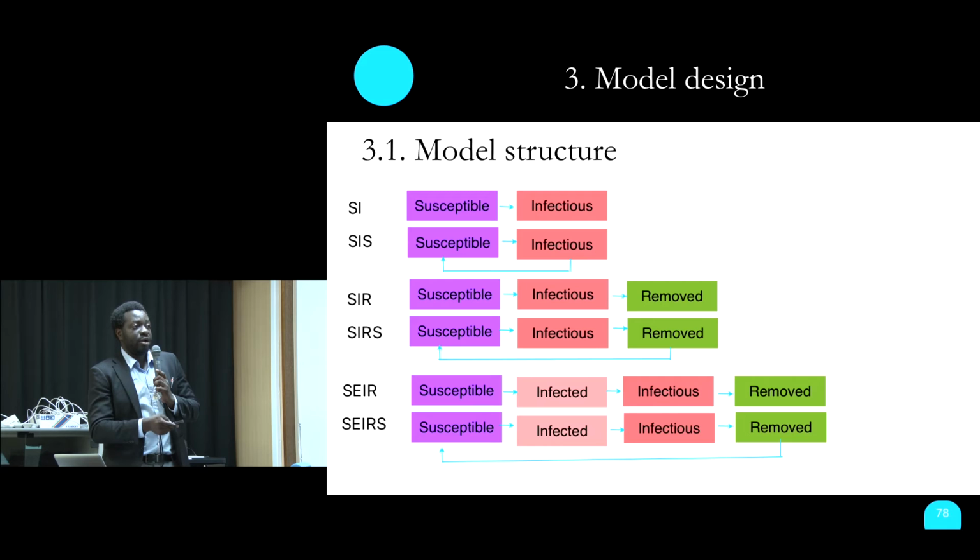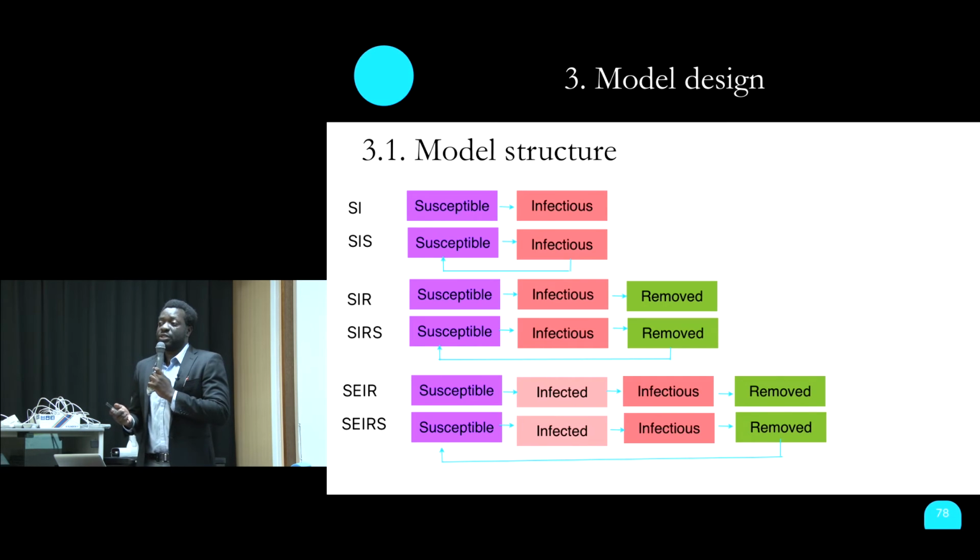It's just the same, but you come back to the susceptible. If you are immune in case of SIR, you remain there. But in case of SIRS, the removed can come back. For some infections, you can lose your immunity over time. For example, in some cases of mumps, people can lose their immunity and become susceptible again.